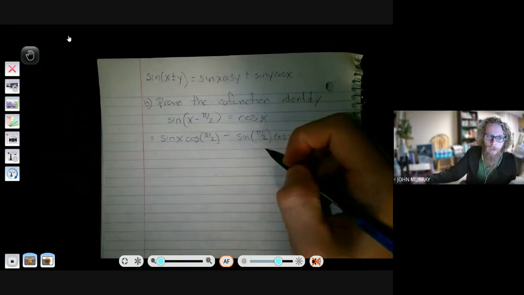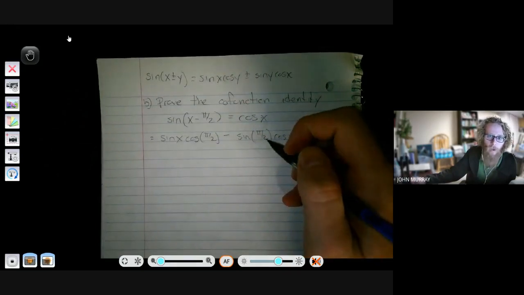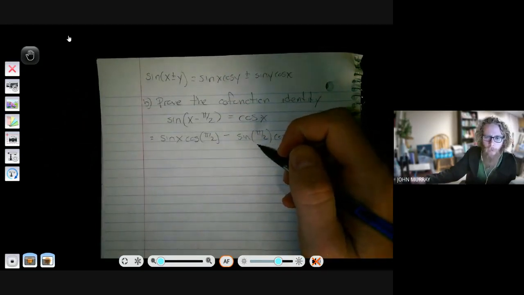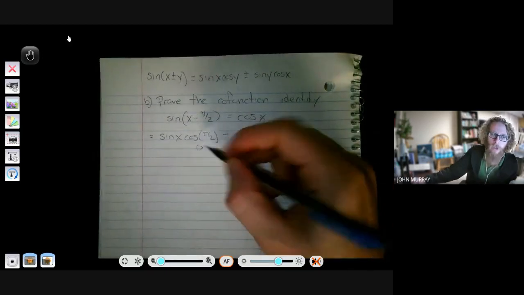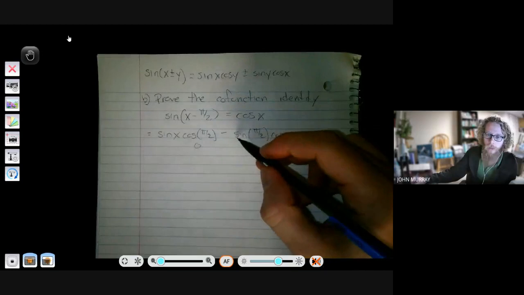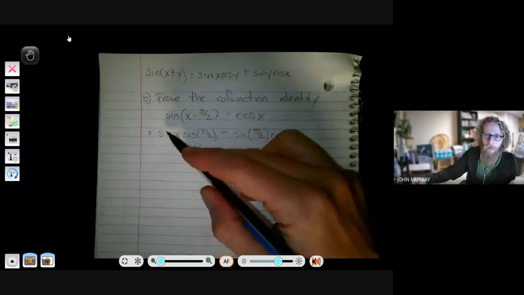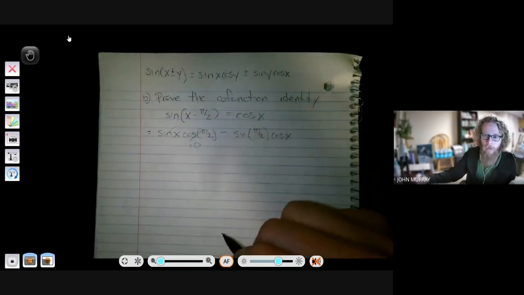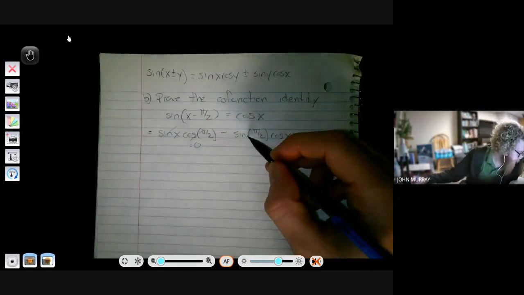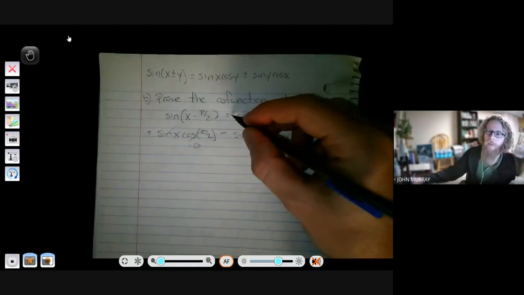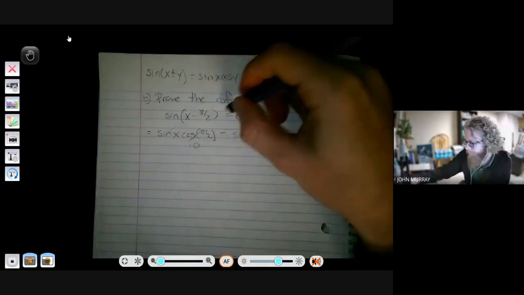So again, pi over 2 is one of those nice angles. Okay, it's 90 degrees. The cosine of 90 degrees is 0. So this goes away. Did I do this right? Oh, no. The identity is negative cosine.